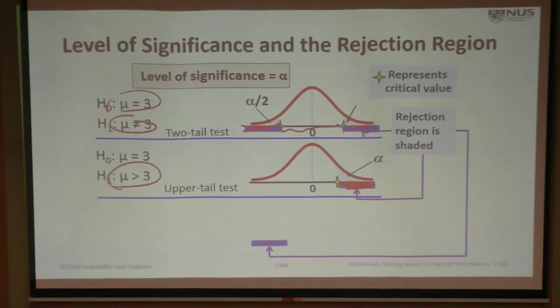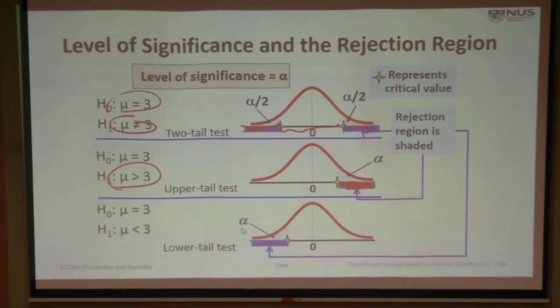So this is the rejection region. Similarly, if your alternative is mu less than 3, it means that you expect your test statistic to be smaller. So we expect this value to divide into two regions. You reject your null hypothesis if your observed value is less than this critical value.